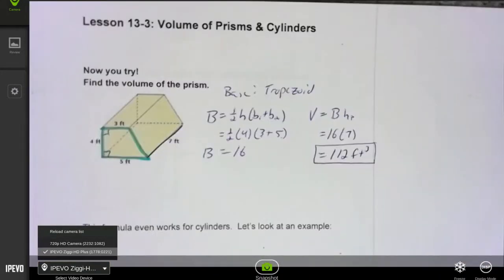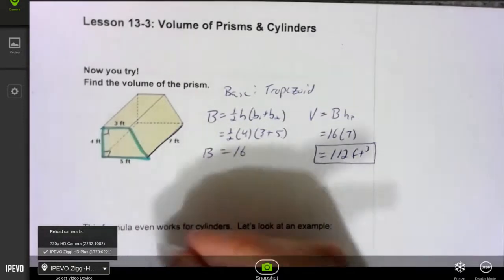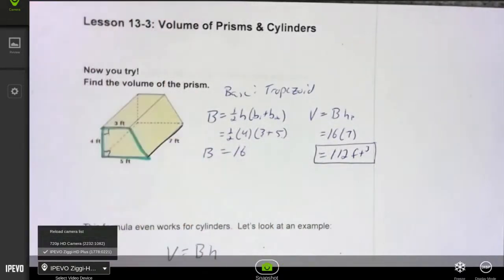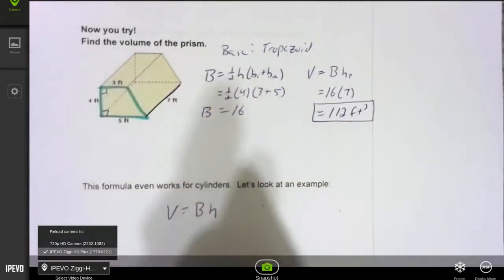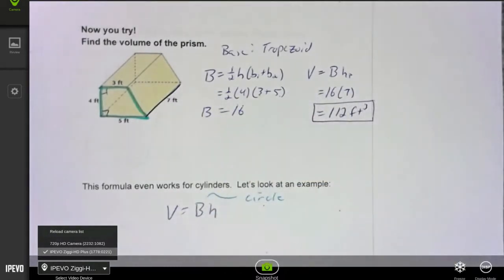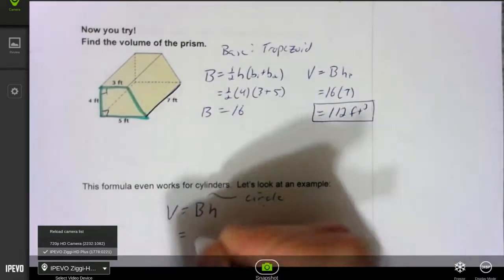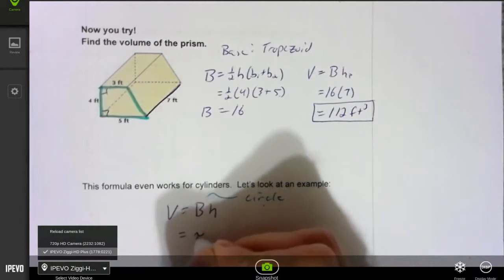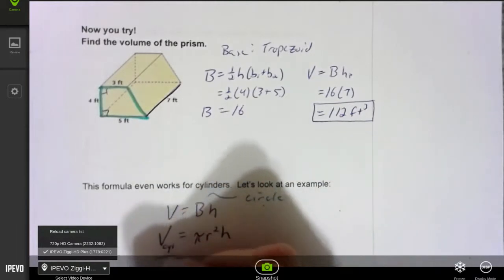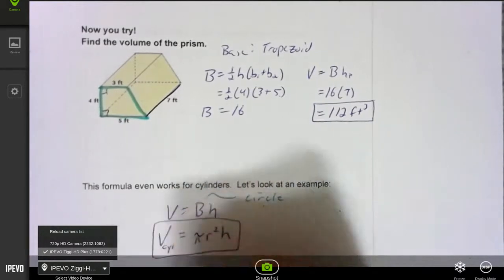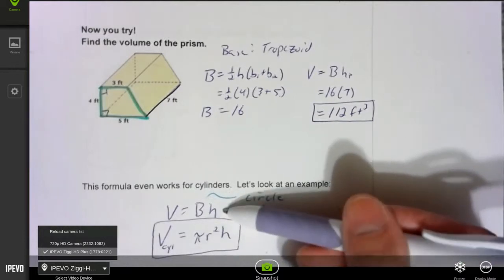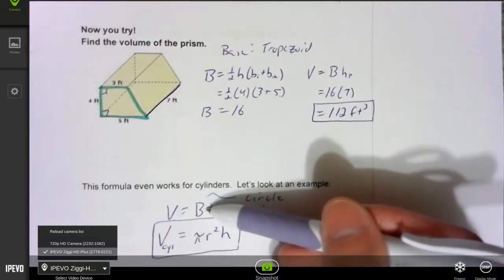So if I say the volume is area of the base times the height, it's a little bit different this time, because I could say my base is a circle. So some people actually create a new formula, because the area of the base of a circle is pi r squared. So this could be a volume formula for cylinders. If you can't remember that, remember all prisms and cylinders go back to this: just what is the shape of the base?